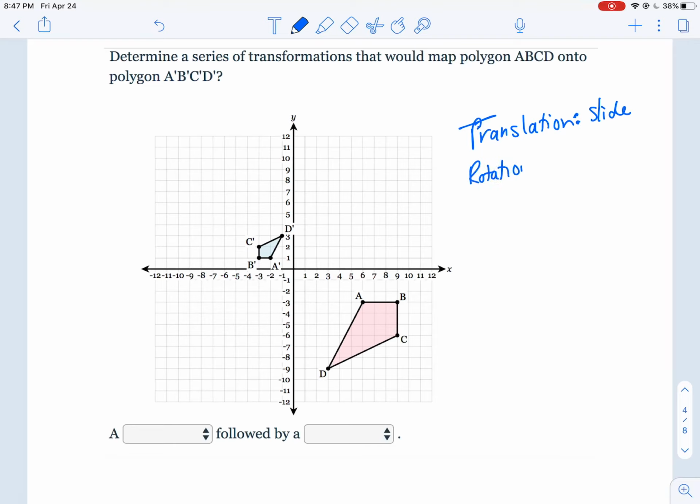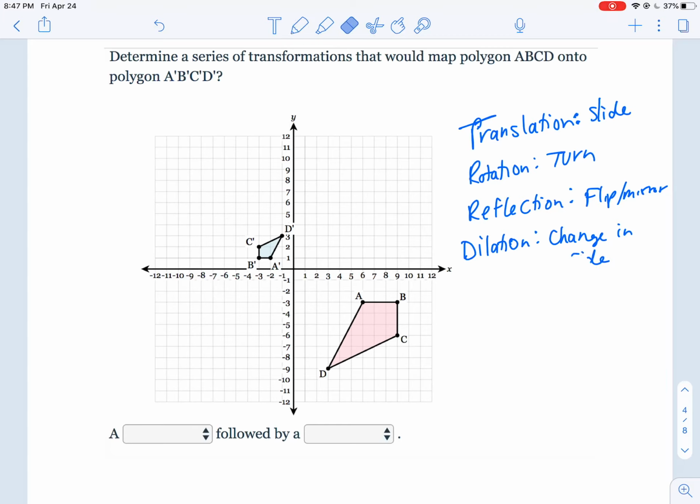A rotation, which is turning. A reflection, which is flipping or mirroring. And a dilation, which is a change in size.